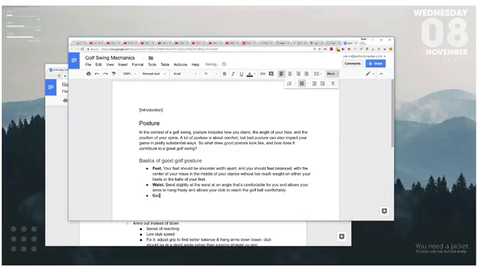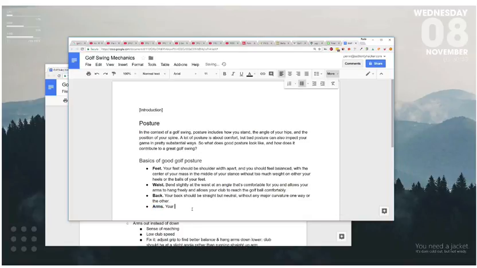Back. Your back should be straight but neutral, without any major curvature one way or the other. We'll make this bold, and then arms. I'm gonna make this bold.